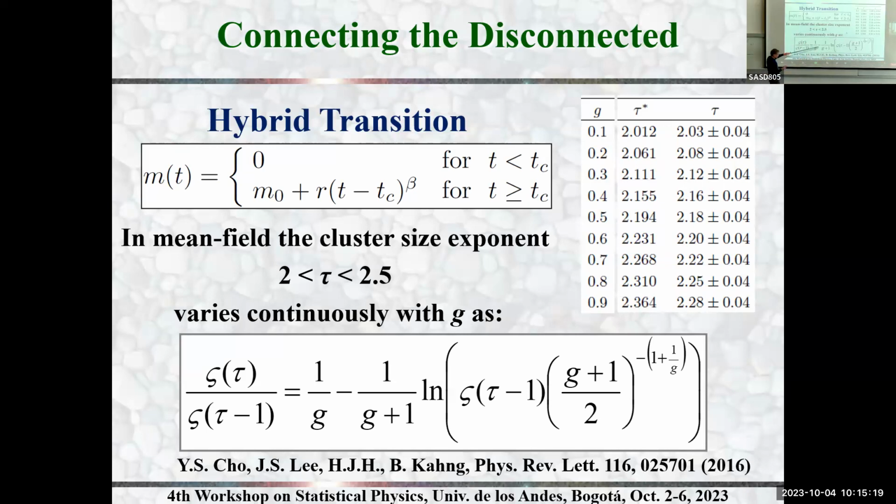And so what you find is that we have a hybrid transition with an exponent beta that continuously changes with G. This is an exotic phenomenon, but it can be proven rigorously that this is what happens. I have some time still. Maybe I should stop here. I have more stuff, but maybe it's healthy to stop.